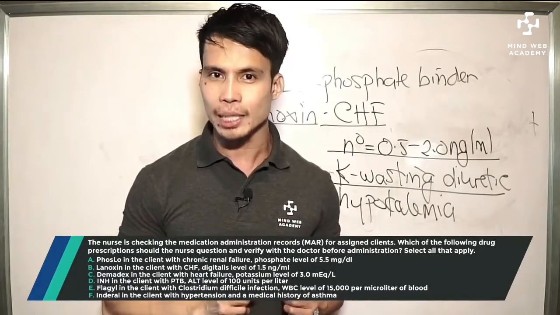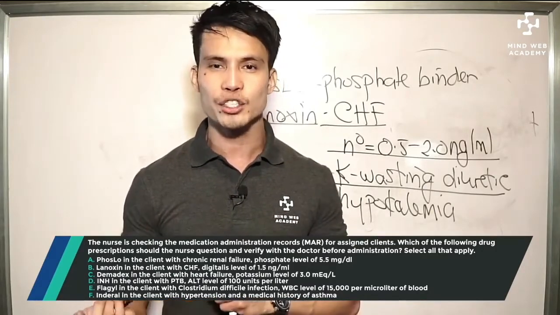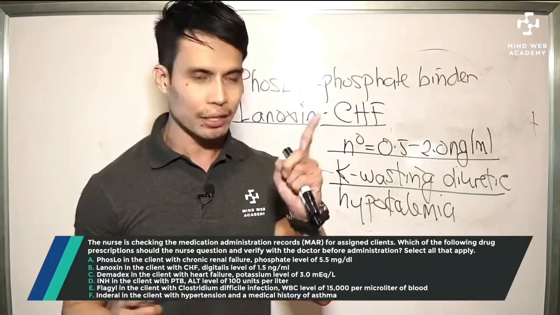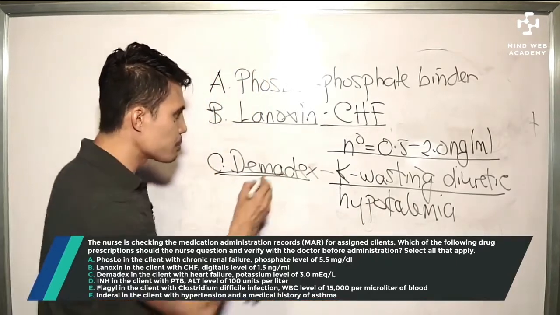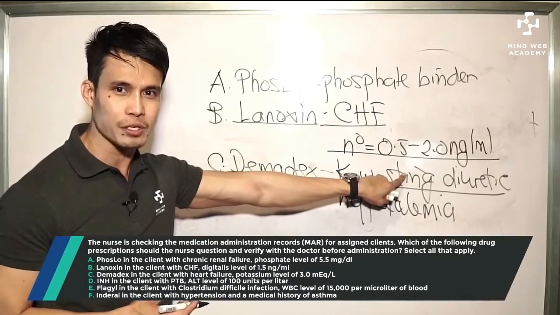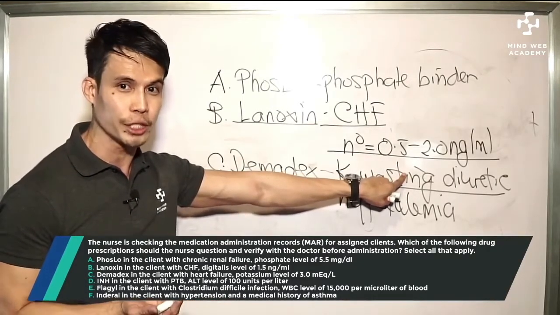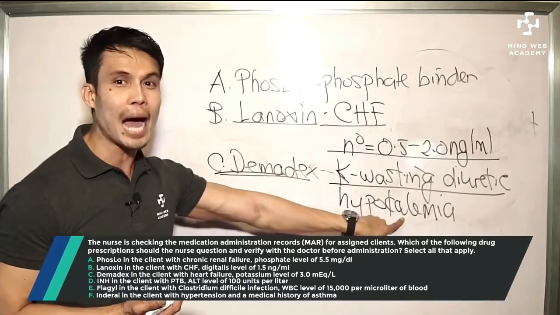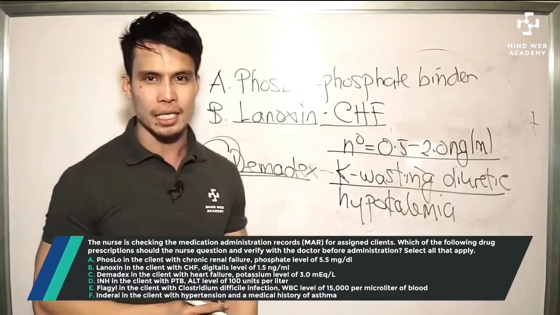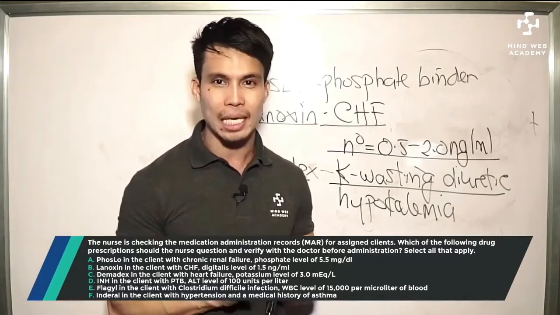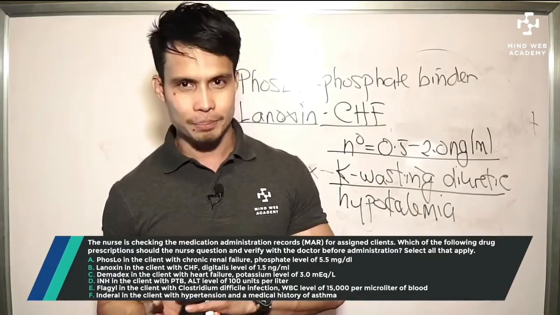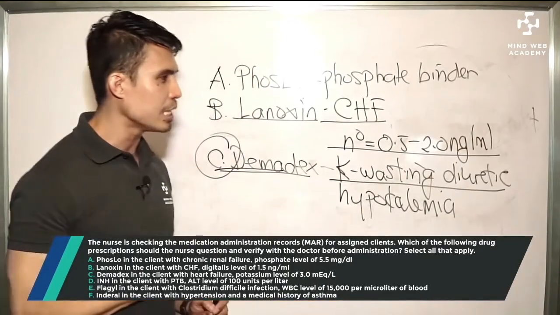And hypokalemia can lead to cardiac abnormalities or cardiac dysrhythmias. In letter C, Demodex is a potassium wasting diuretic agent that can be given to a client with congestive heart failure due to water retention, but in your case, you have hypokalemia. So you need to question letter C. Never give a potassium wasting diuretic agent to a client with hypokalemia. So letter C is correct.